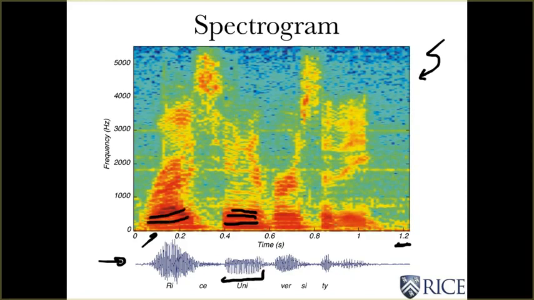Because the lines are moving up to higher frequencies. So that's me saying rise, rise. Here it looks like they're going down a little bit, and over here they're relatively constant. So you can get an idea of how the speaker is saying the words by looking at those pitch contours.